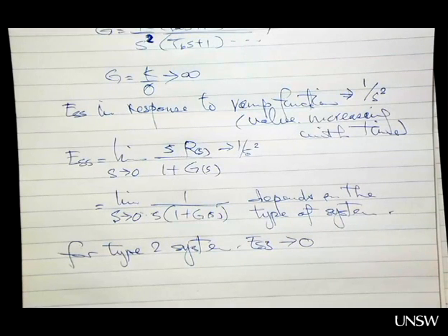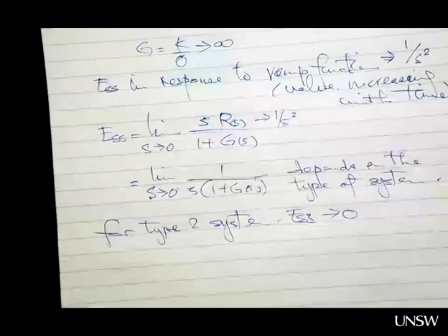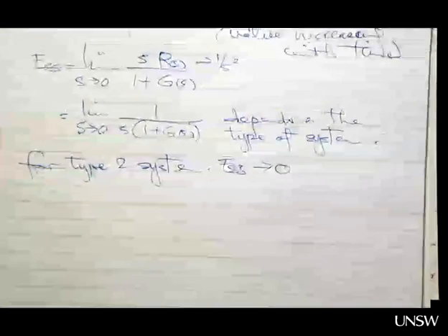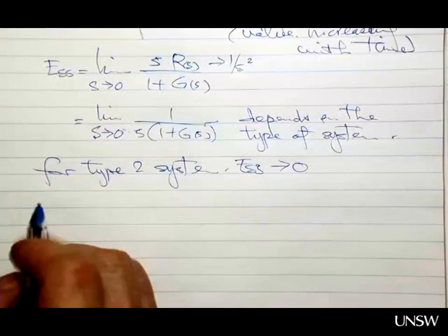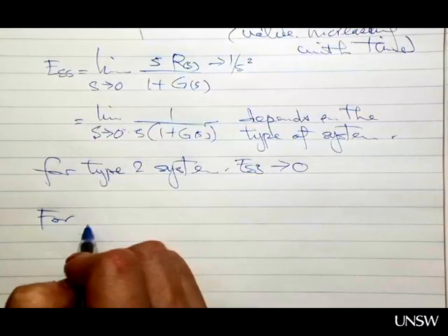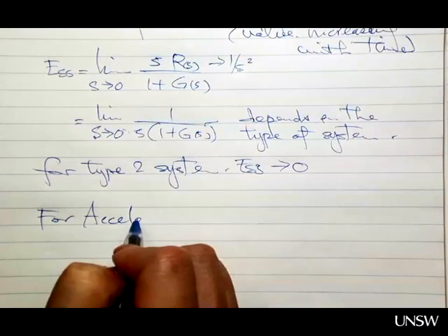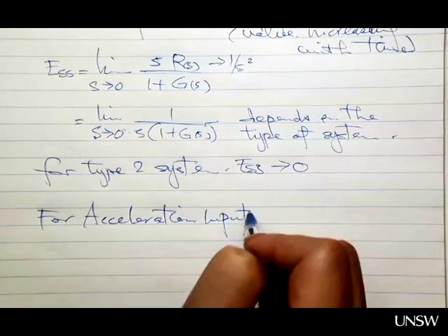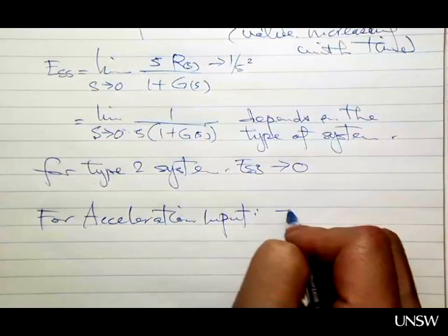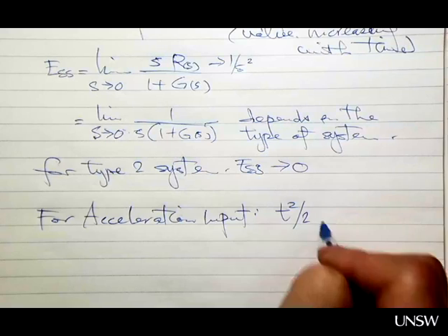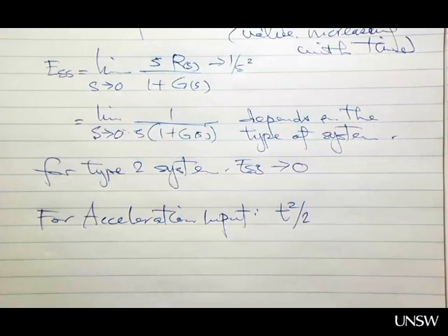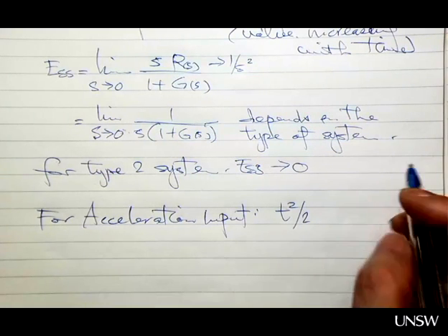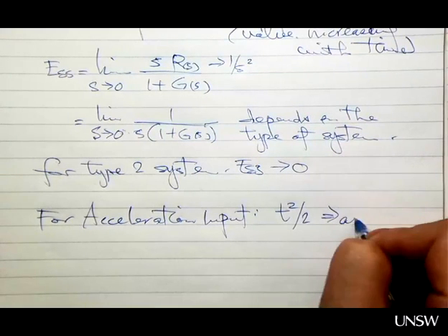And then for acceleration input, the input is t squared over 2. The t squared corresponds to the acceleration.